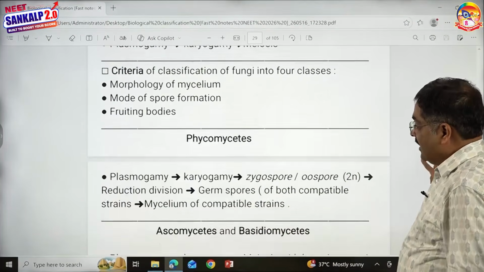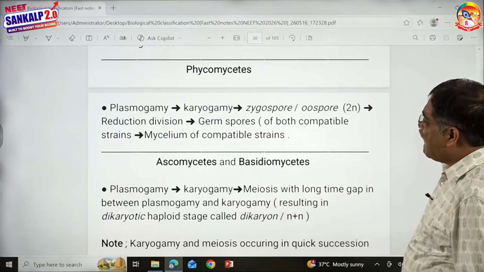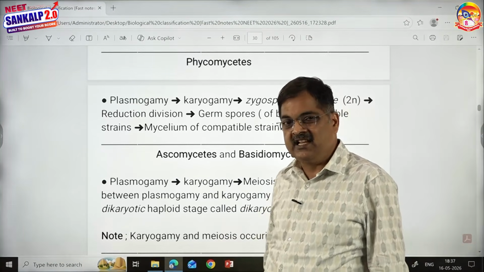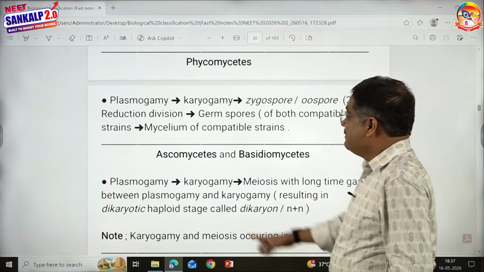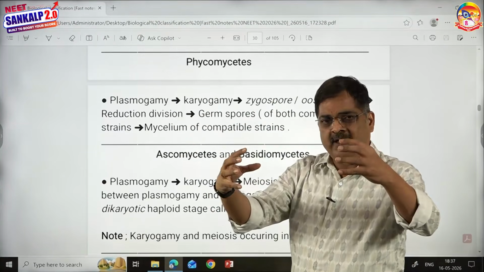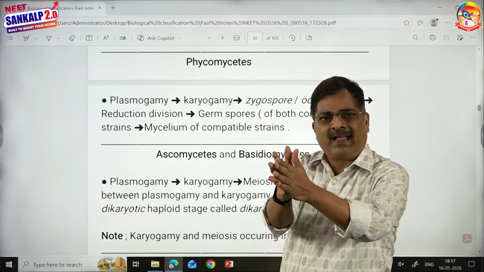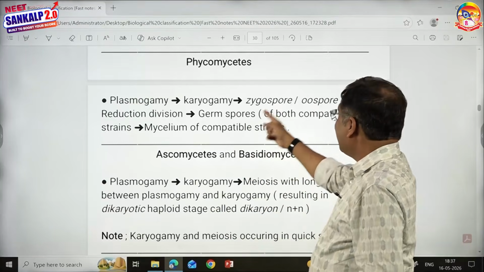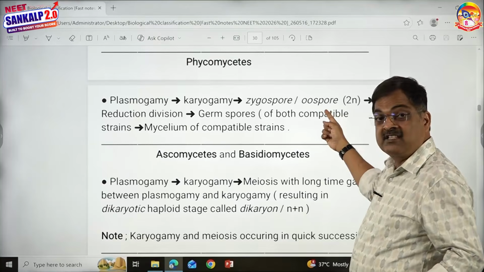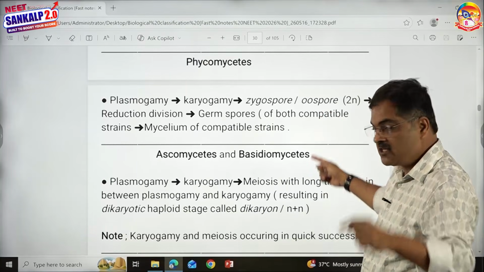Now, if we come back to sexual reproduction, children, when I go to Phycomycetes I'll discuss this in detail, but just for a minute. Plasmogamy and karyogamy occur immediately. When the 2 gametes fuse, protoplasm fuses, nucleus fuses. That results in the formation of zygospore, diploid. Another name for zygospore is oospore, diploid. Remember this word.